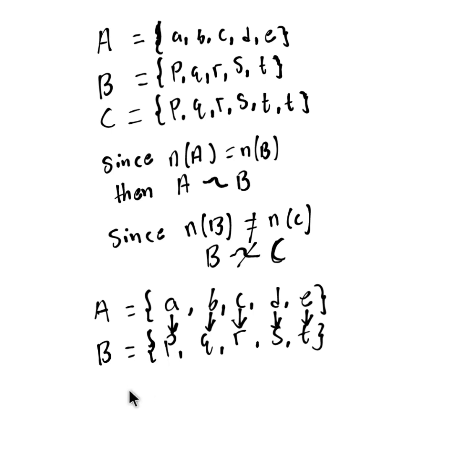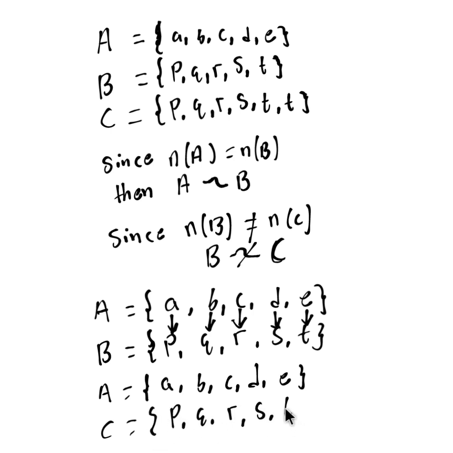But consider A and C. A has elements A, B, C, D, E, and C has elements P, Q, R, X, T, and T. Now, if A corresponds to P, B corresponds to Q, C to R, D to X, E to T, now there's no element that corresponds to this other T. So there's an error here.